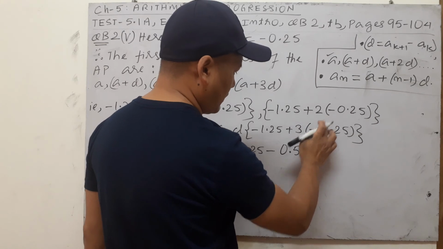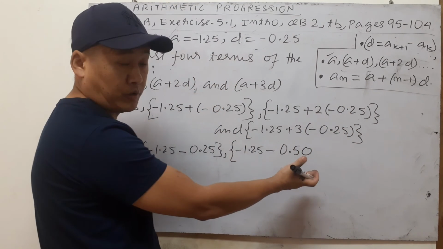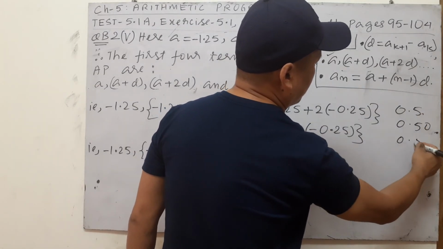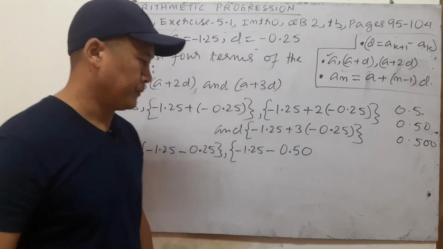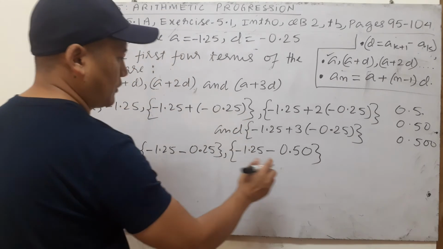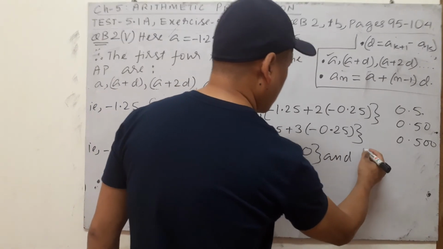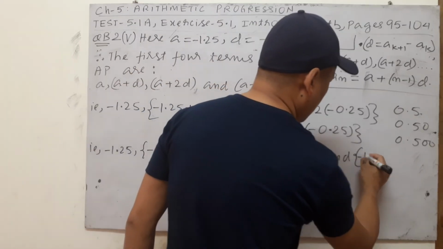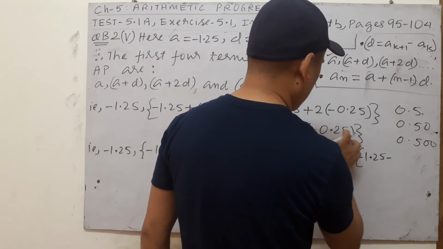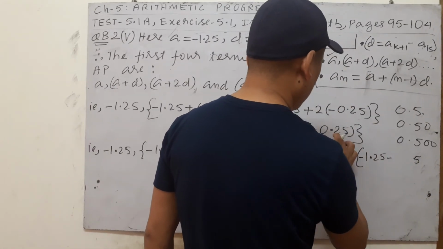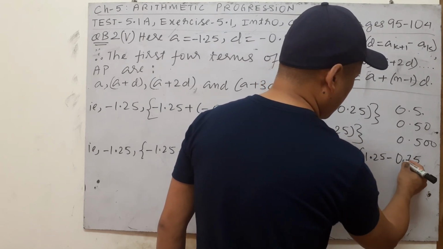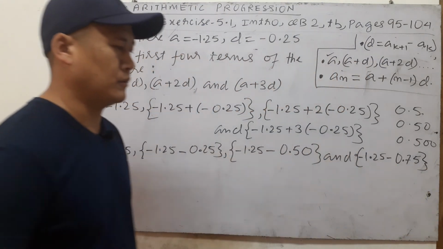So -0.50, or 0.5, 0.50, 0.500, all are the same. Okay, so 0.5 or 0.50. That is the third term, and the fourth term is -1.25 plus and minus 3 5s are 15, 3 2s are 6 plus 1, 7, and 1 2, so 1 2 is 0.75. So these are the four terms.